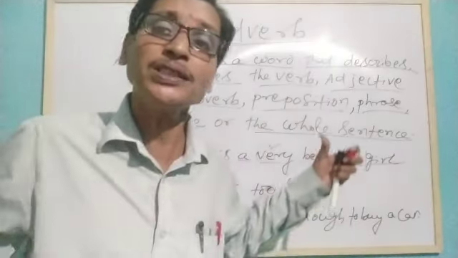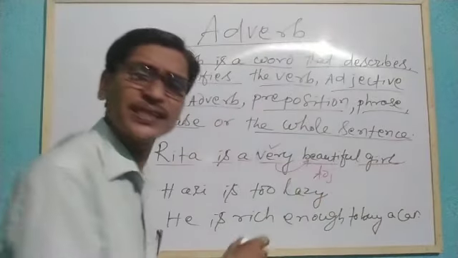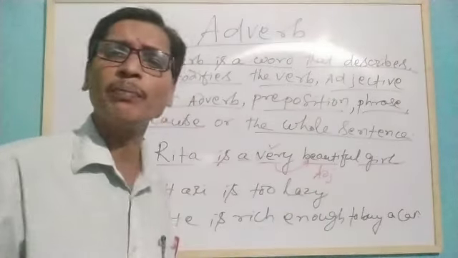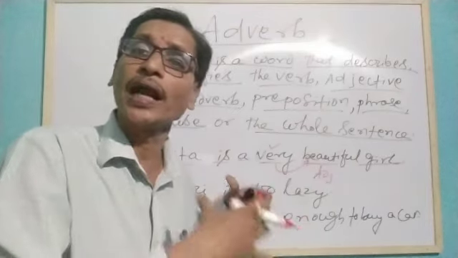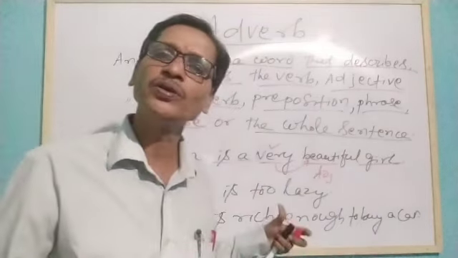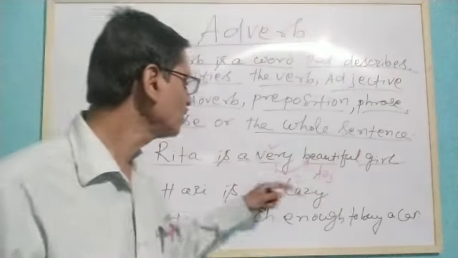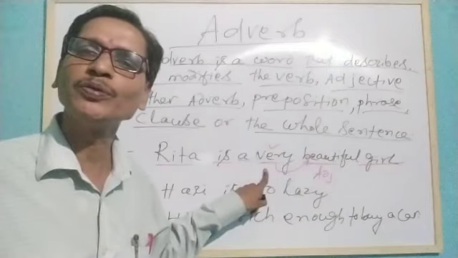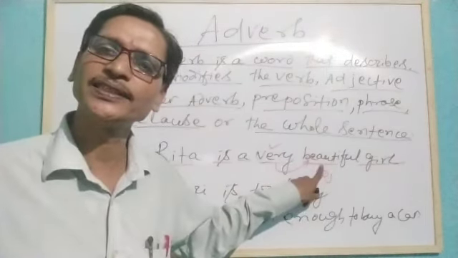That means how beautiful is she? So here very is enhancing the meaning of beautiful, functioning as an adverb of an adjective. Now we understood adverbs also modify adjectives in this statement.